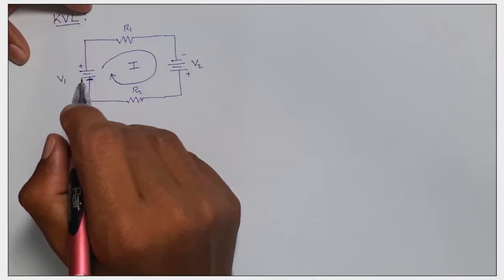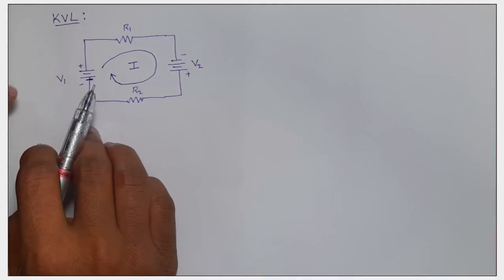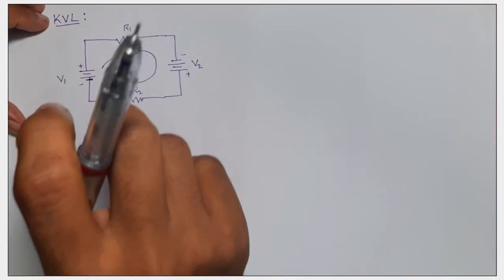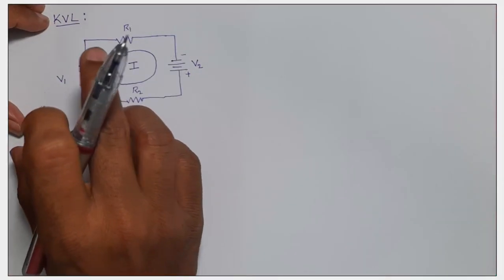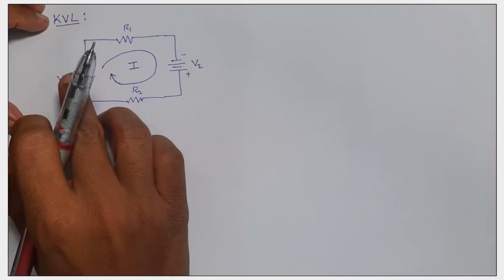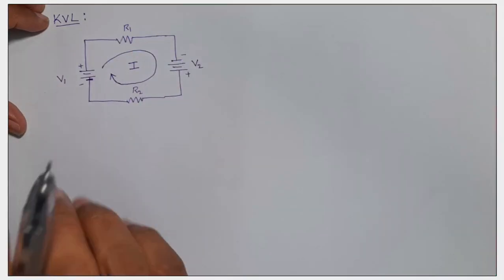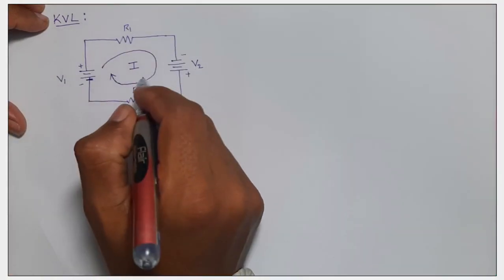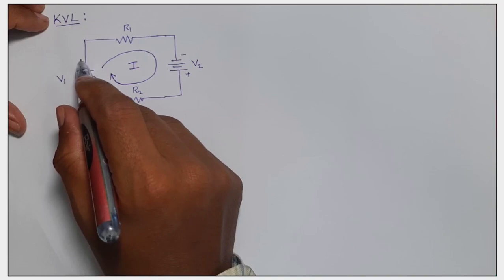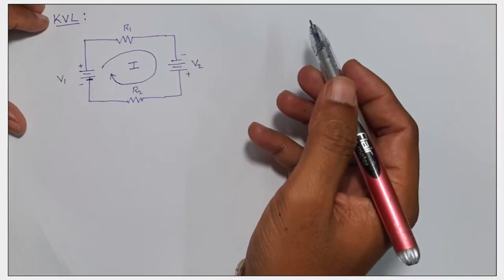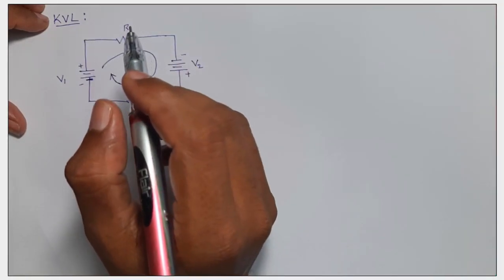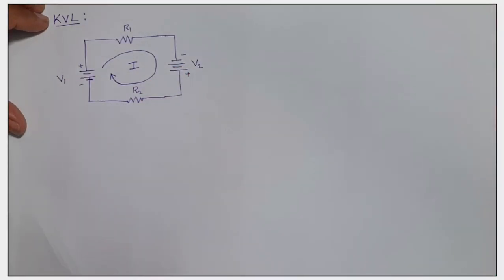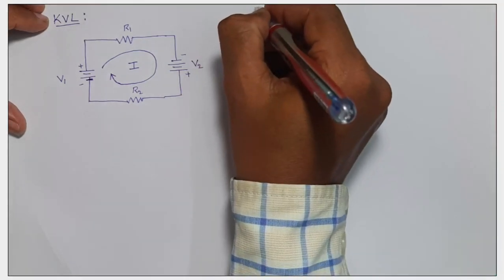Now dear students, when we find a sum of voltages, normally this is an algebraic sum. Because of that we should consider some voltages as positive and some voltages as negative. But how to consider? If we are traversing a loop path from negative to positive, I will assume it is positive, and if I am traversing a loop from positive to negative, I will assume that as negative.